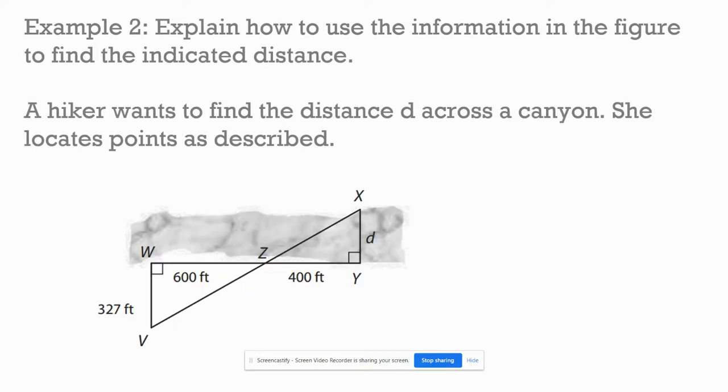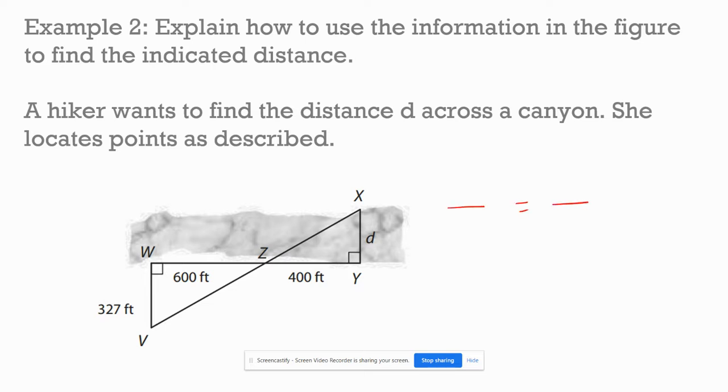In this case, our triangles are possibly flipped and turned, and maybe the sides that are congruent are a little bit harder to see. So, a hiker wants to find the distance, d, across a canyon. She locates points as described. All right, so what we're going to do is compare the two pieces of information to find the distance here.